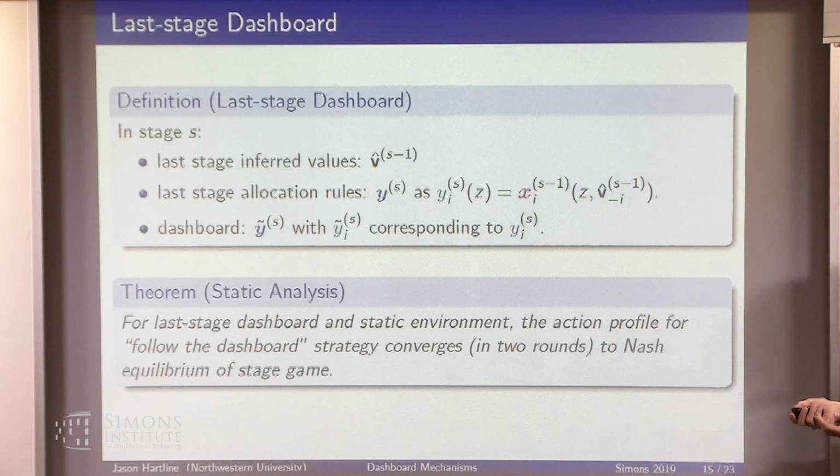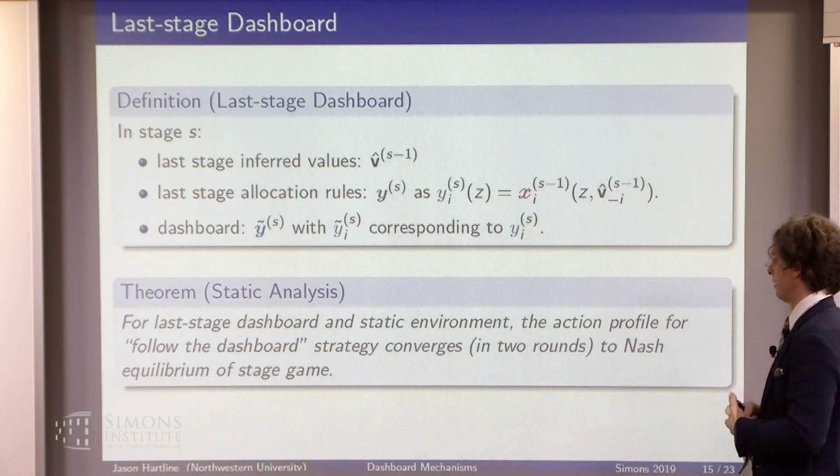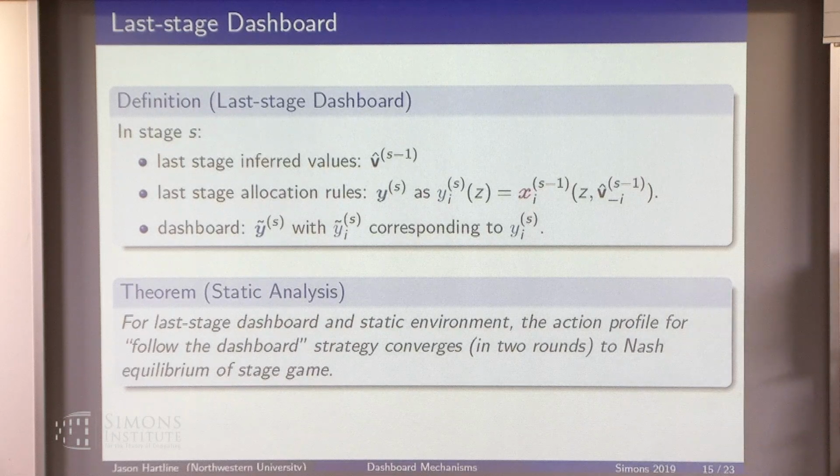So here's the static analysis, which David predicted. Following the dashboard converges to a Nash equilibrium, and in fact, in two rounds. If we all follow the dashboard two stages in a row, then in the second round, the dashboard's right, and it was best response to do what the dashboard says.